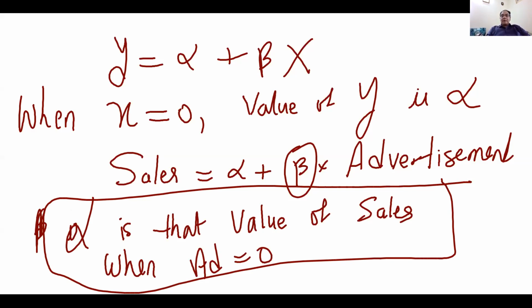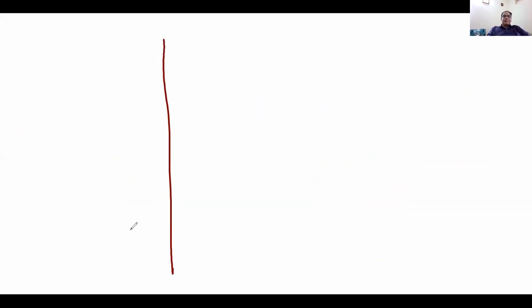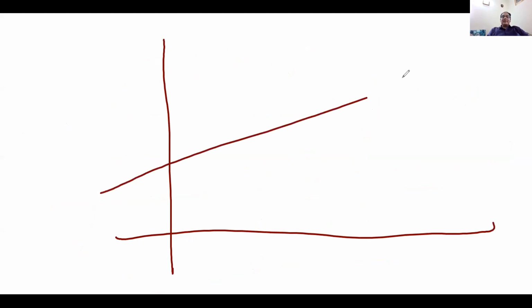I hope you now understand how we define the intercept of a regression equation. Now suppose this line is the regression line, y is equal to alpha plus beta into x.